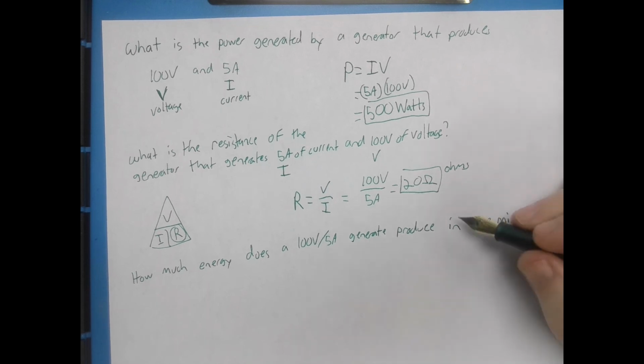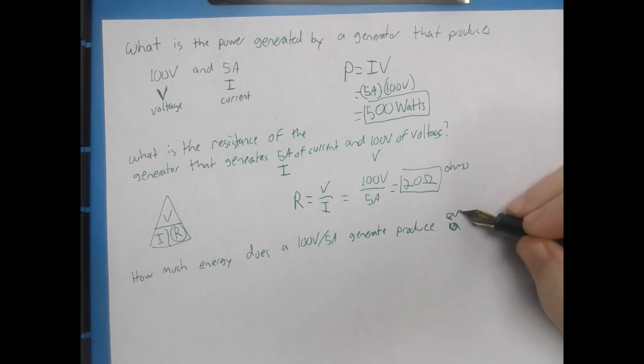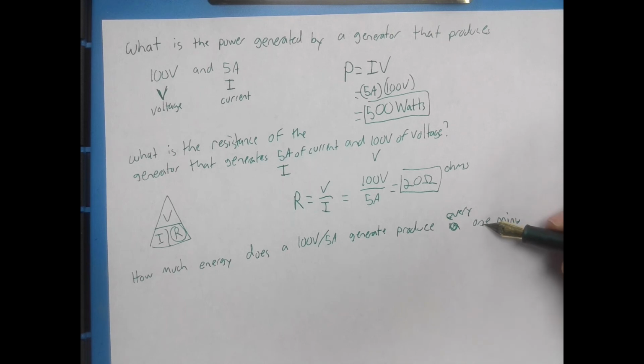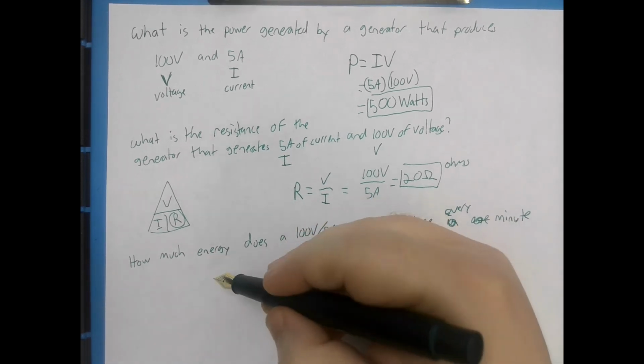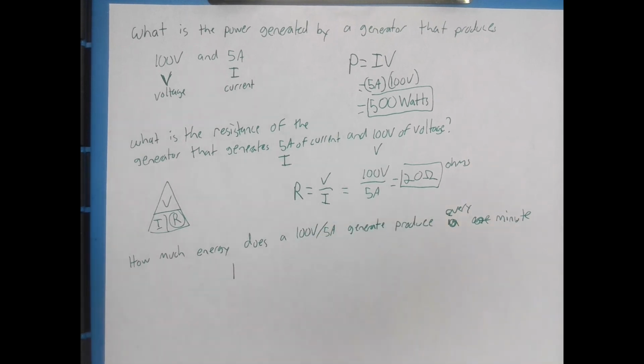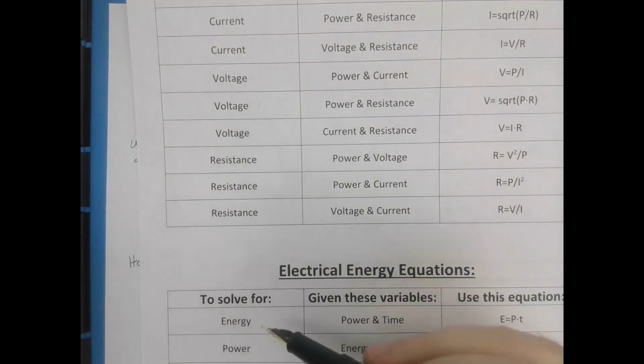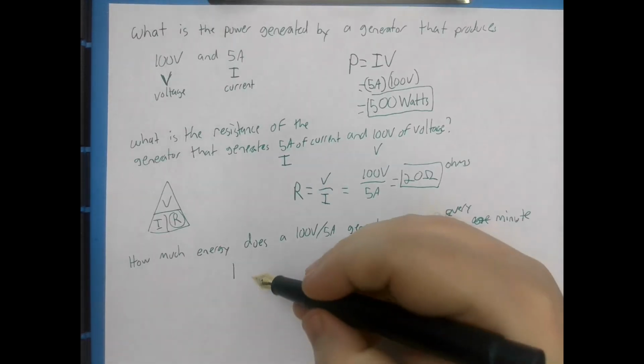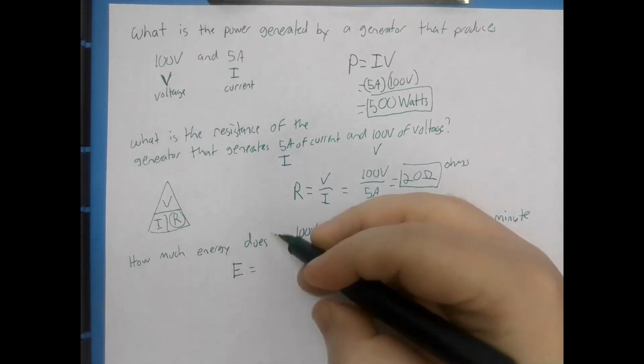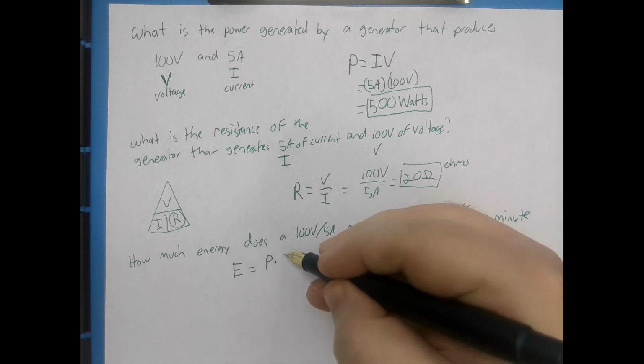Or I should say, produce every minute. So energy, again, looking at our equation, energy is power and time. So energy is equal to power times time.